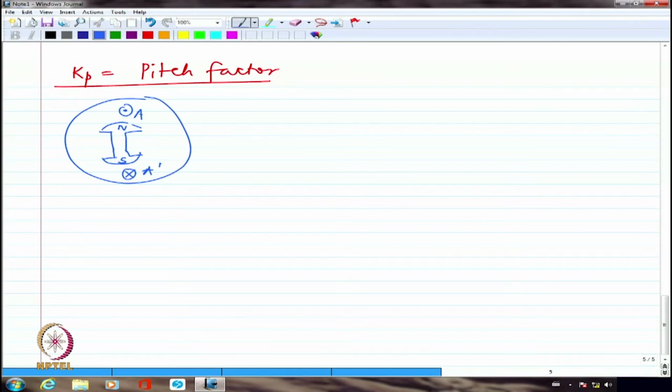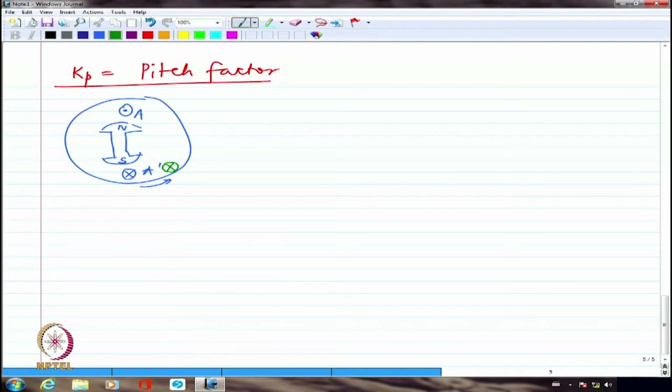But that need not be the case. Most of the time in design, they try to make the pitch slightly less than 180 degrees. What they do is, A is here, A dash may be somewhere here, maybe 30 degrees or 15 degrees ahead of whatever should have been the position of A dash, provided I have exactly 180 degree phase shift.